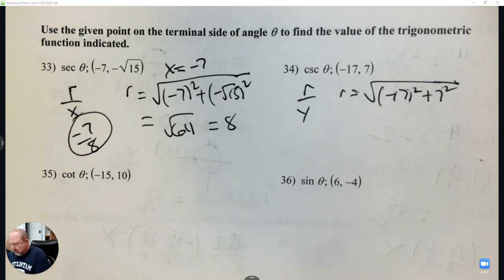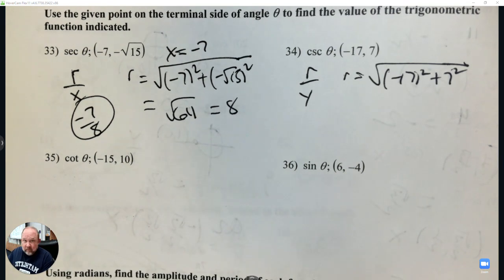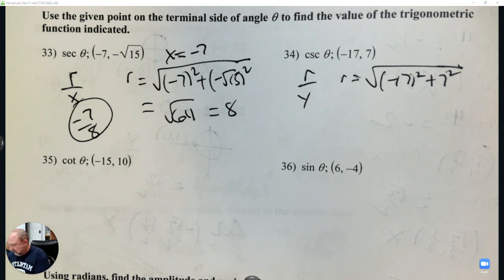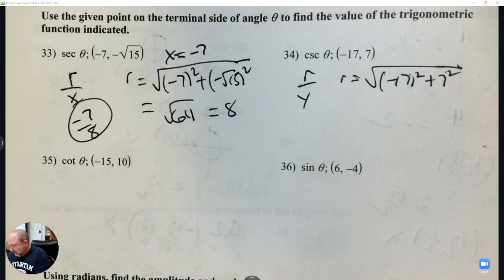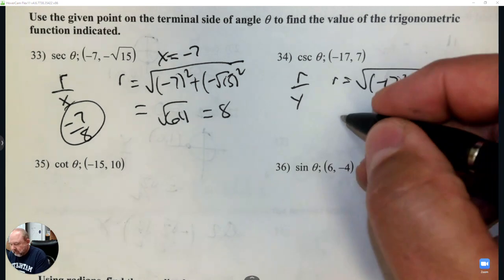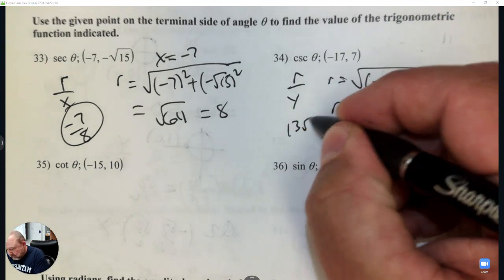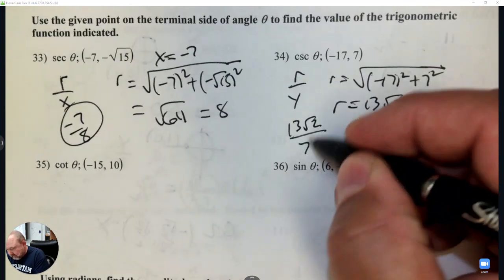Well, try the other one. It's not a rational number, so it's irrational. So let me try it with my other calculator. Sorry about that. We got this. So it's the square root of, again, 17 squared plus 7 squared. So it's 13 root 2. And then the answer would be 13 root 2 over the y coordinate, which is 7.